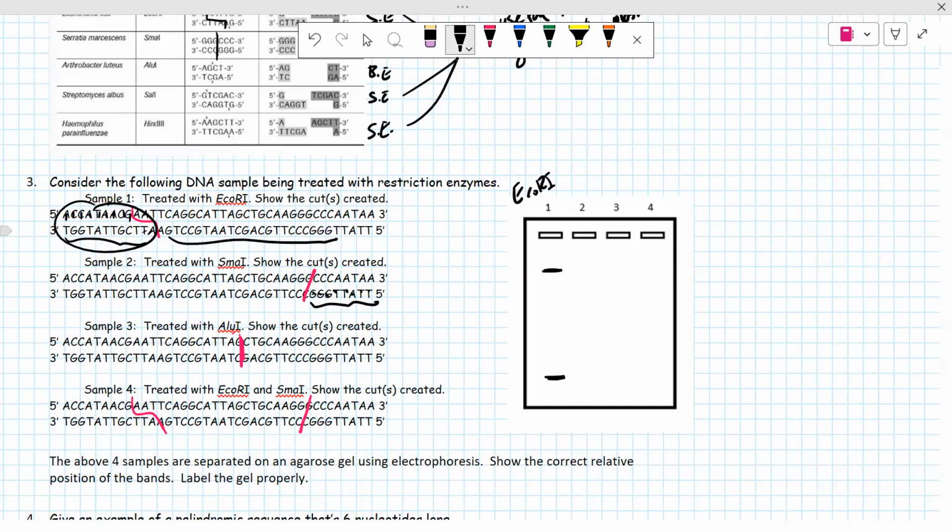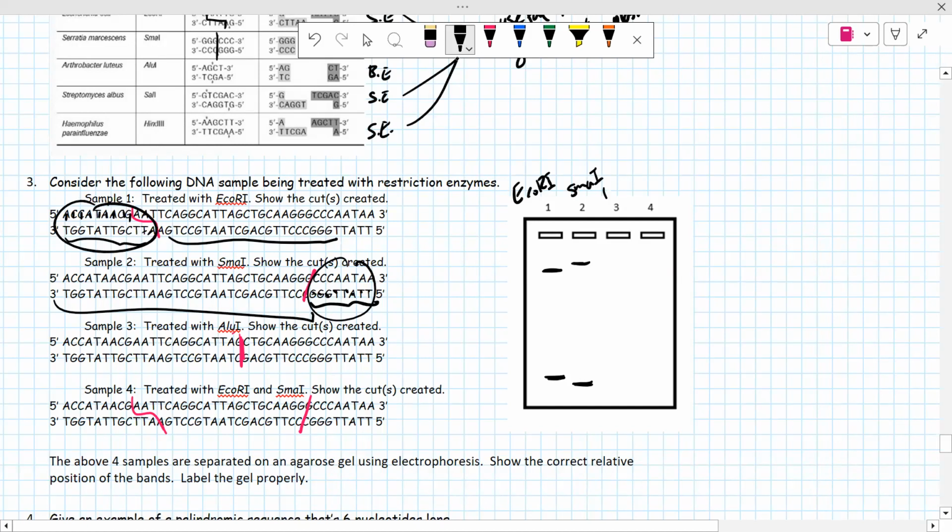So I'm gonna put it a little bit further down. And then the other one is going to be a little bit higher up. Okay, this is SmaI. If this is shorter, then this one is going to be longer, right? So that's why one gets higher compared to the EcoRI, and the other is lower down.